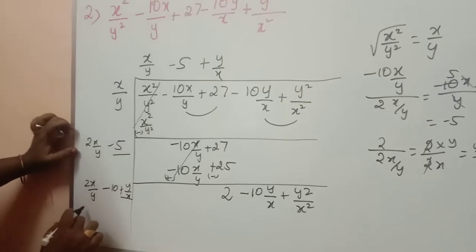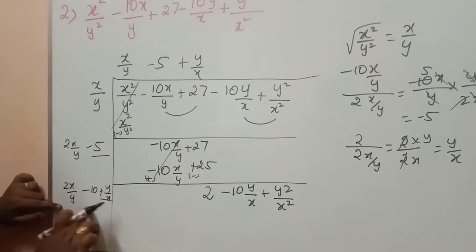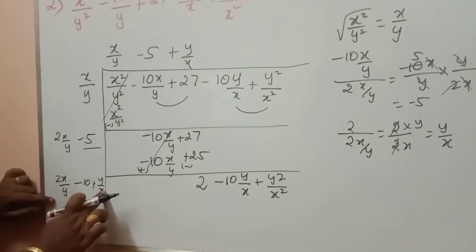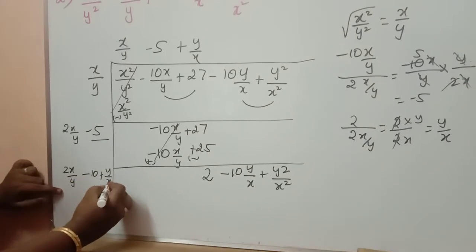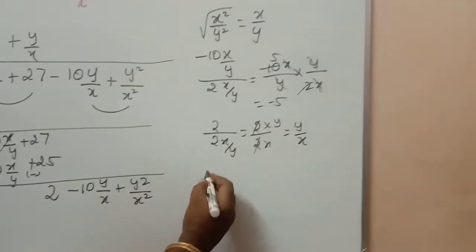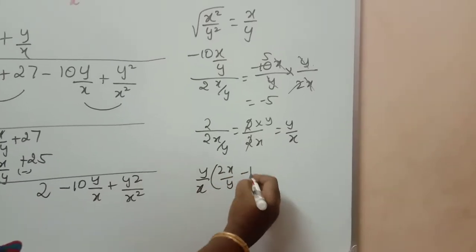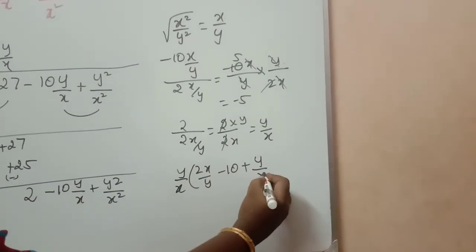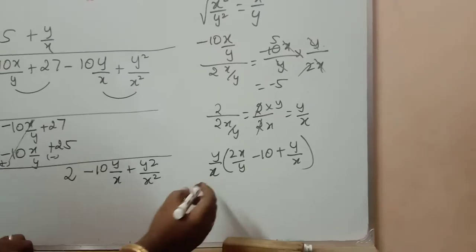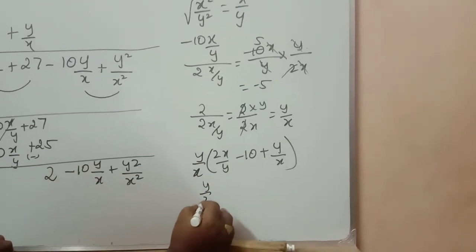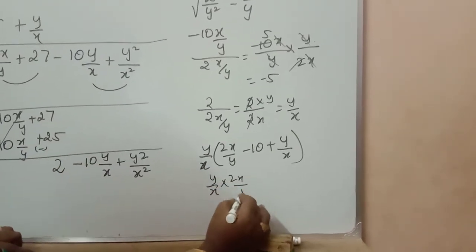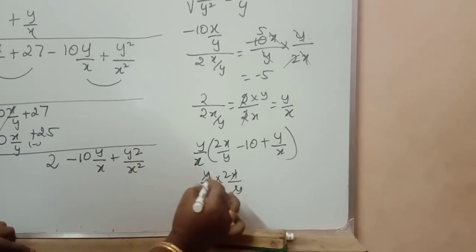Now we have to multiply y by x with these three terms. Okay, y by x with these three terms. So y by x, 2x by y. I am writing here separately for your convenience. Now y by x into 2x by y. X will be cancelled, y will be cancelled.